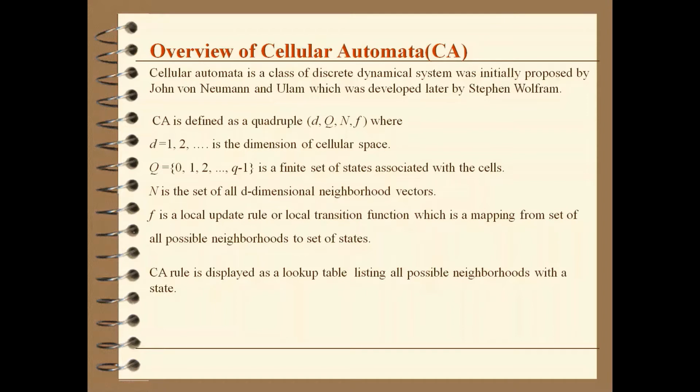Q is the set of states. N is the set of all d-dimensional neighborhood vectors. F is the local update rule, which is nothing but a mapping from the set of all possible neighborhoods to the set of states. A CA rule is displayed as a lookup table listing all possible neighborhoods.